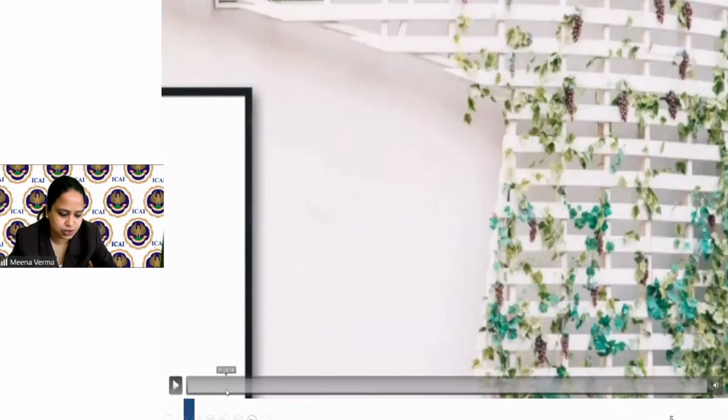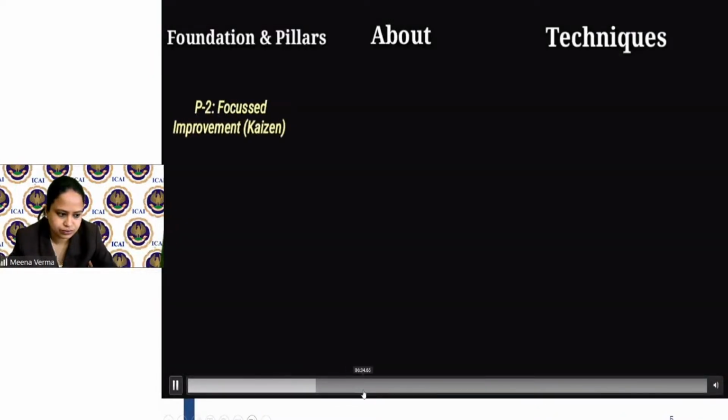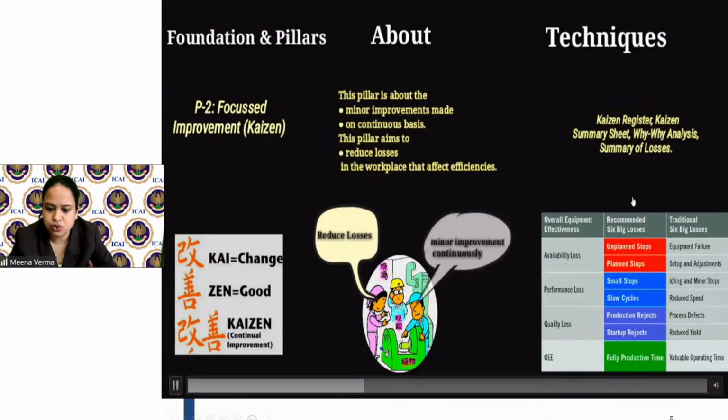Kaizen costing is important here. So in case of Kaizen, you will keep identifying the scope of improvement. You may do the why analysis, summary loss, right? Summary sheet. We will consider all these things.